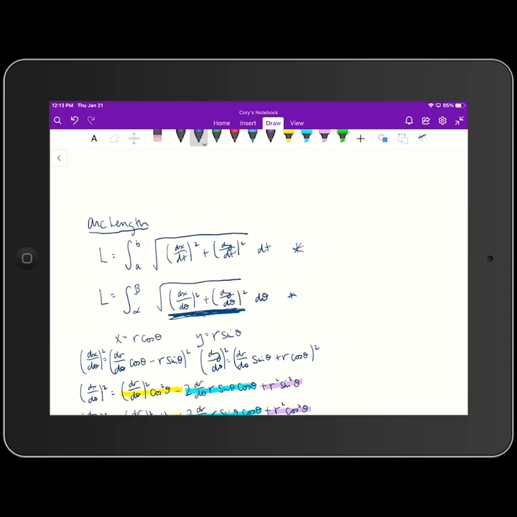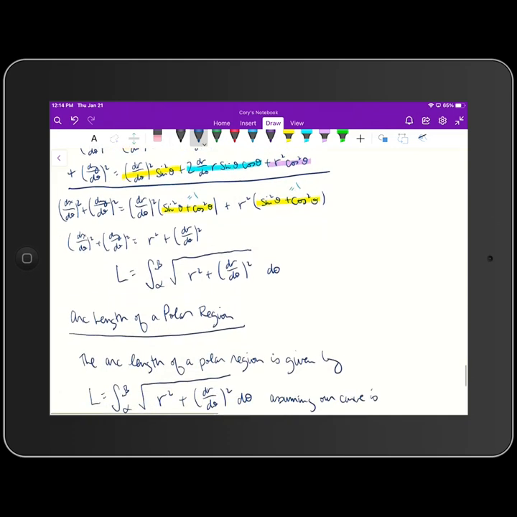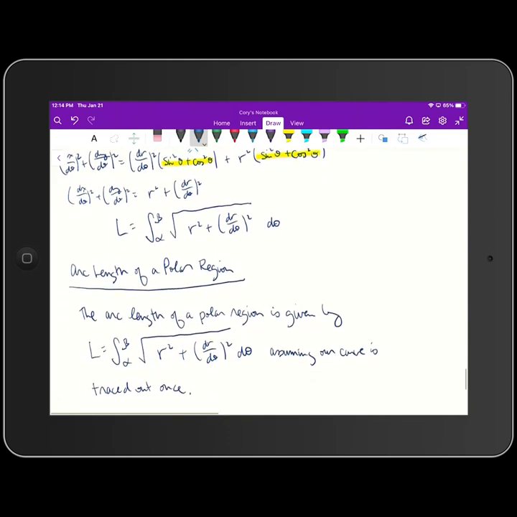If it's traced out more than once, that formula gives us total distance traveled. If it's traced out once, it also gives us total distance traveled. So you have to be really careful when calculating arc length that the curve is traced out only one time. If it's traced out more than once, you have to adjust your limits of integration so that the curve gets traced out only one time.